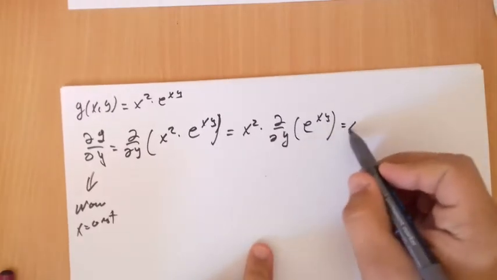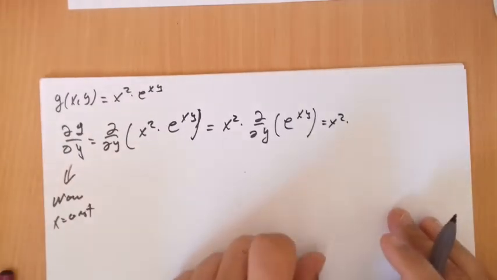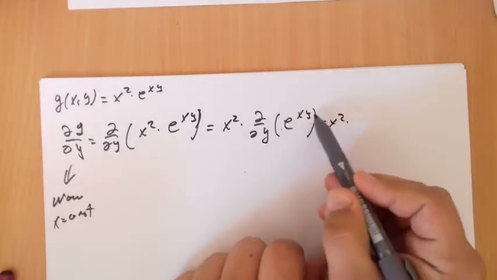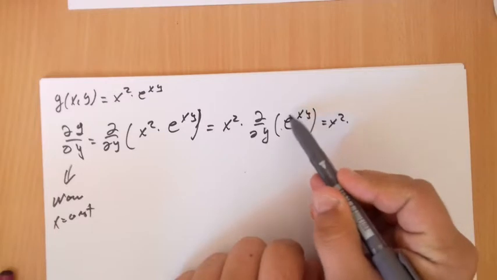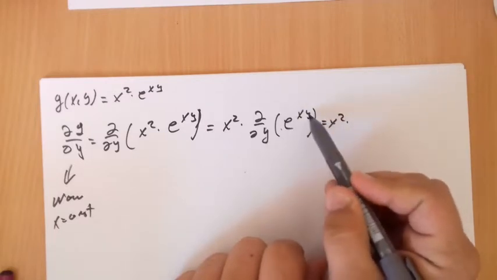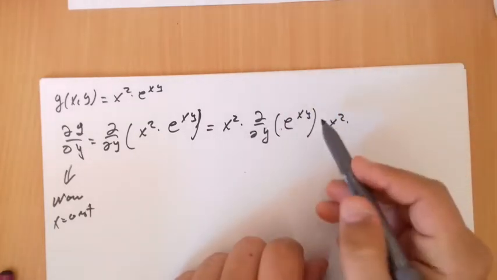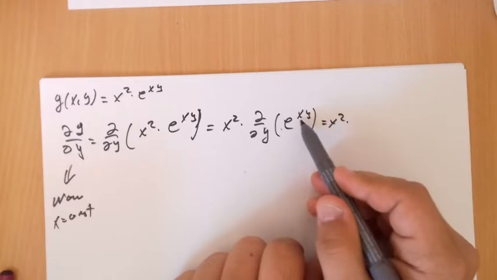We have x squared. Now we have to differentiate this function, e to the xy, but when we have a complicated argument here, for example xy or x squared or whatever, we also have to take the derivative of this argument.